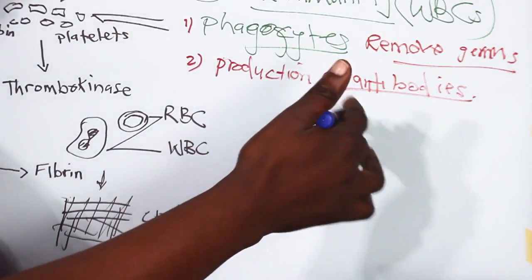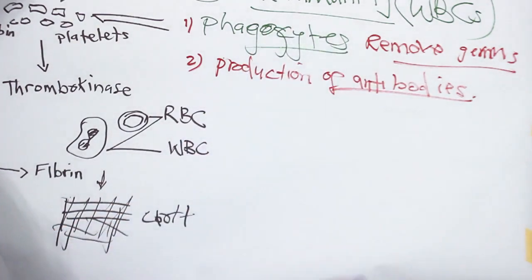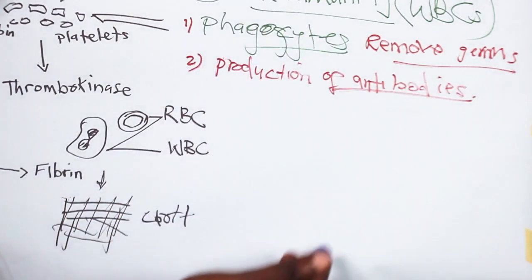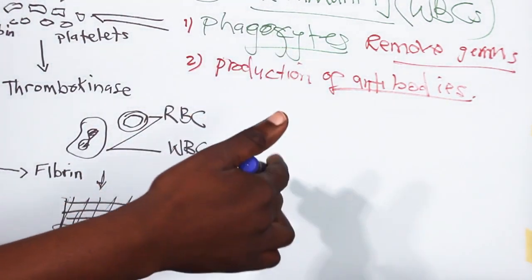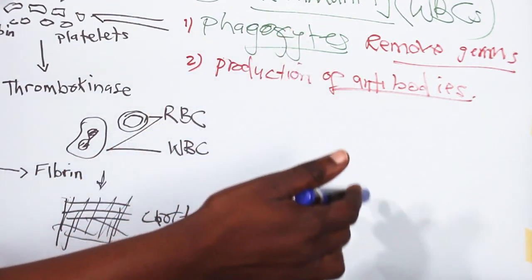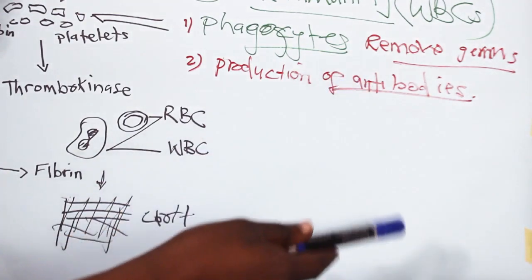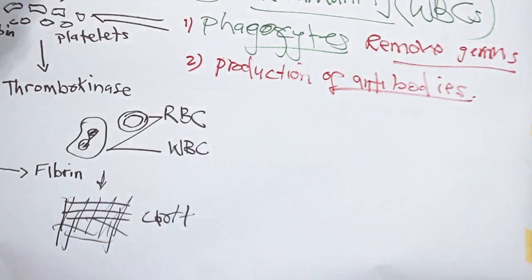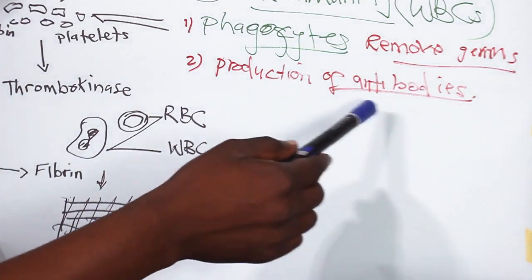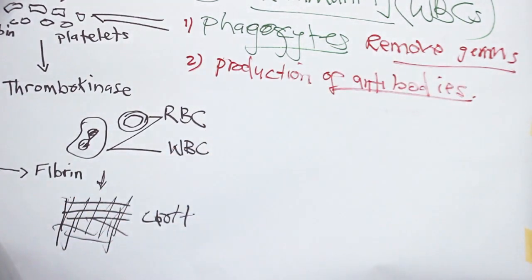The production of these antibodies is just a protein that will help to neutralize the effect of toxins in the blood. They will also help to kill the microorganisms or bacteria, and they cause these bacteria to clump together so that the phagocyte will come and eat.